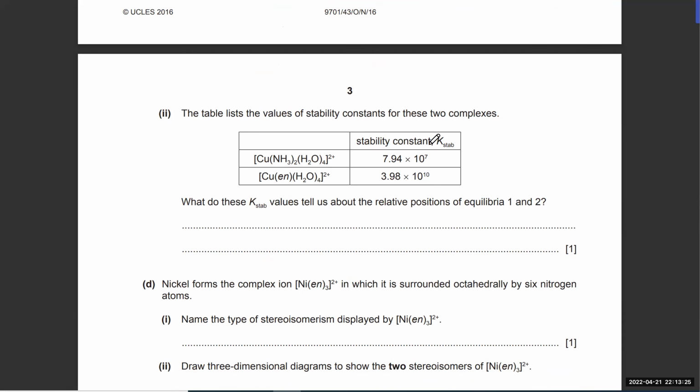When you have a higher value of K stability, where is the equilibrium shifted, forward or backwards? Forward. So this is higher, so the relative position is shifted to the right, or relatively speaking, shifted more to the right compared to the first one.